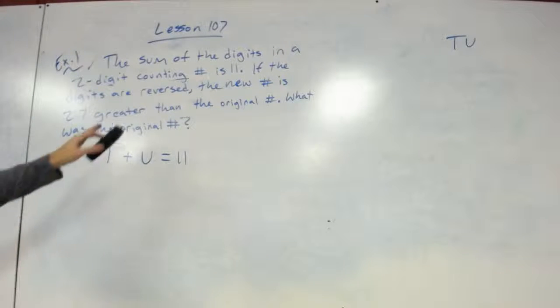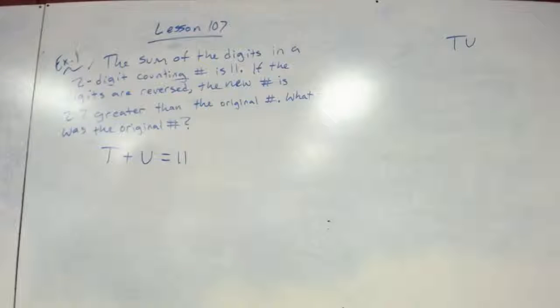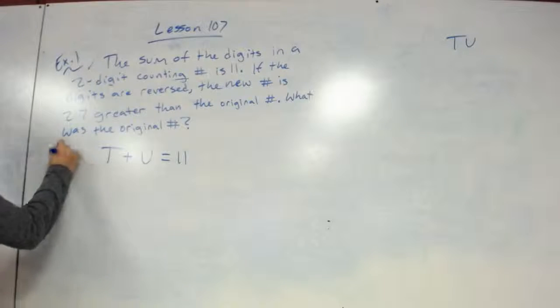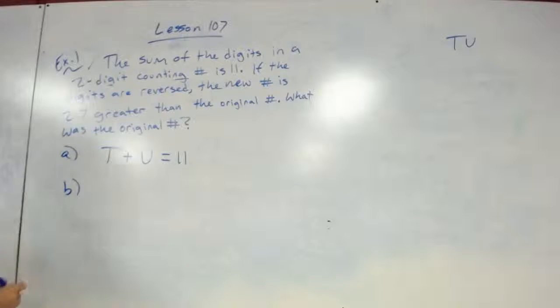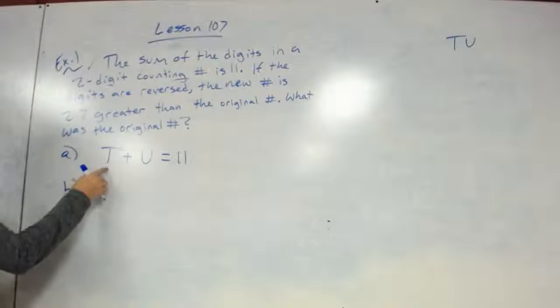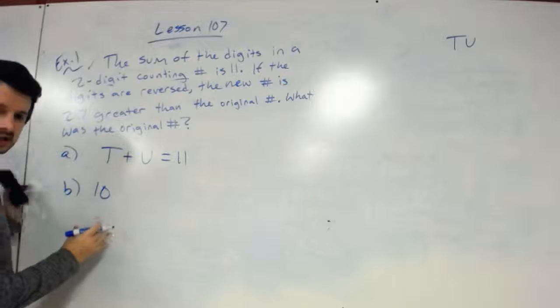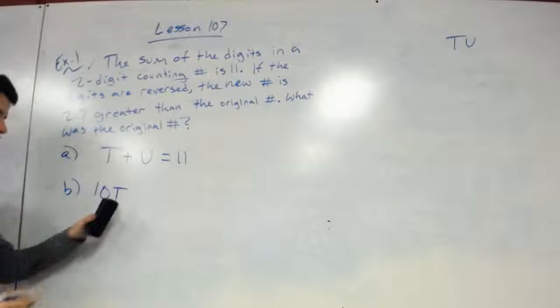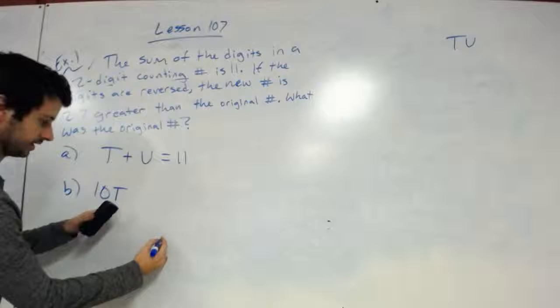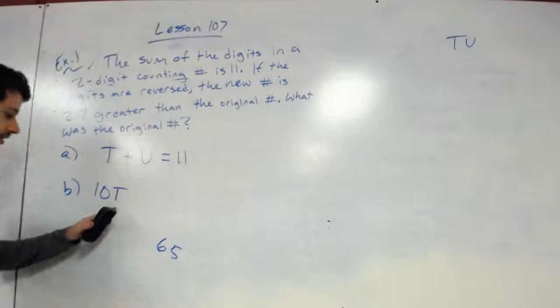Then it says if the digits are reversed, the new number is 27 greater than the original. I'm going to call this part A. Part B is now we're going to try to assign some value. Our tens is always a value of 10, at least. Well, it's 10 times whatever T is. I had that number 65 earlier.